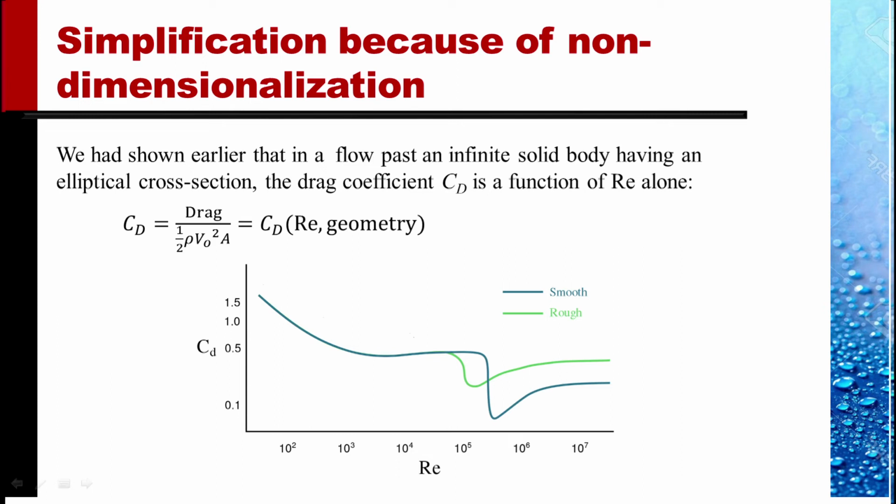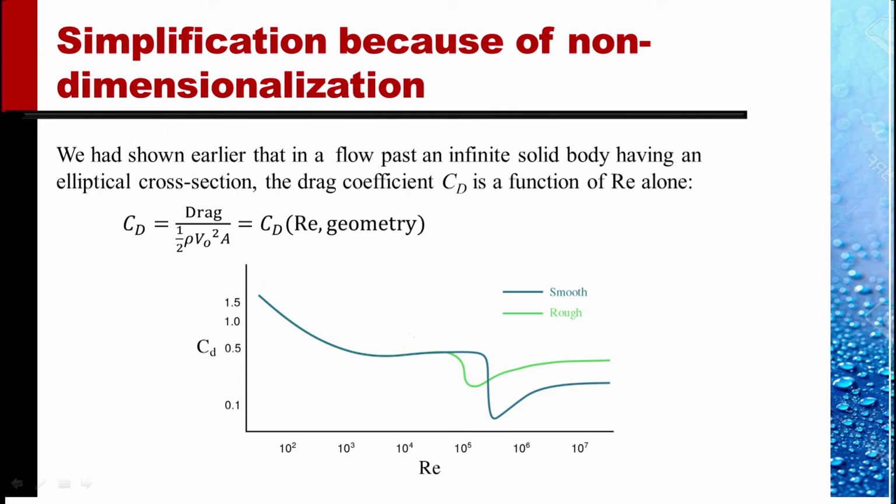In fact, this is the difference that is used in many of the ball games that we play, in cricket, in golf. But the point to note here is that we have simplified.